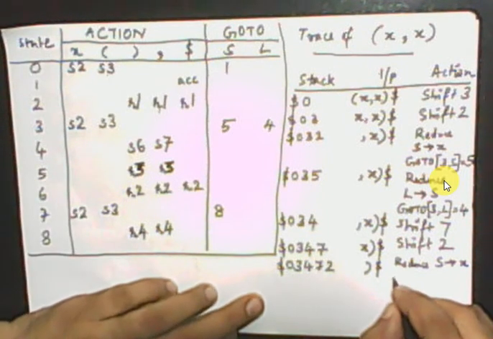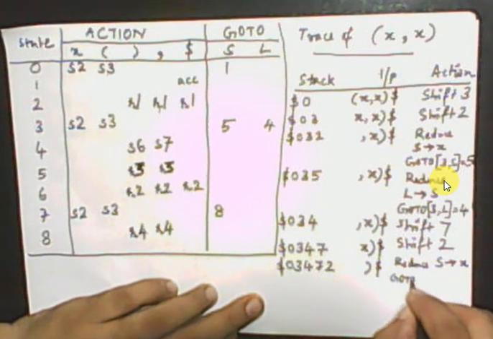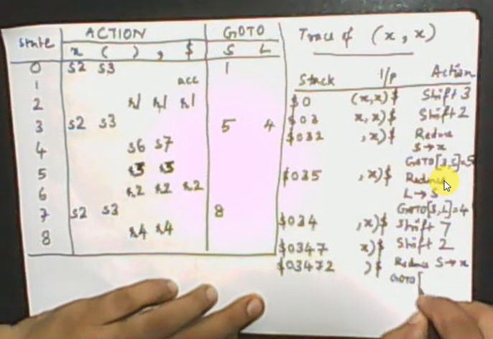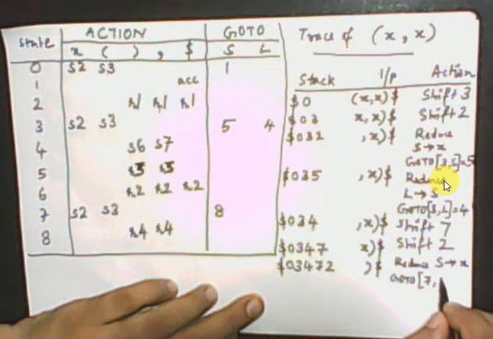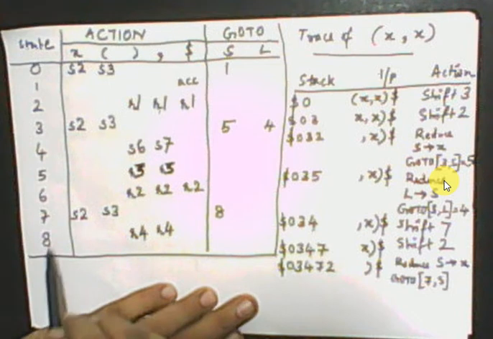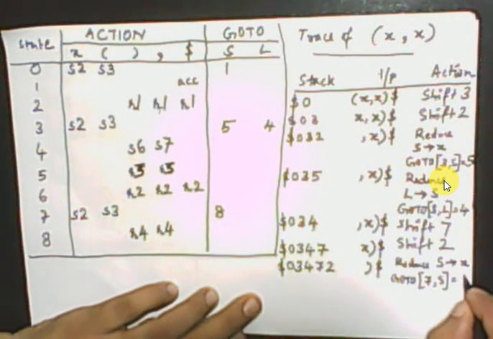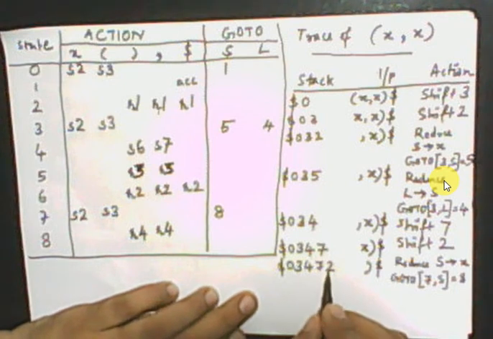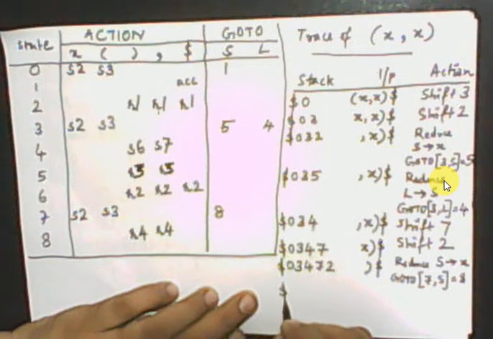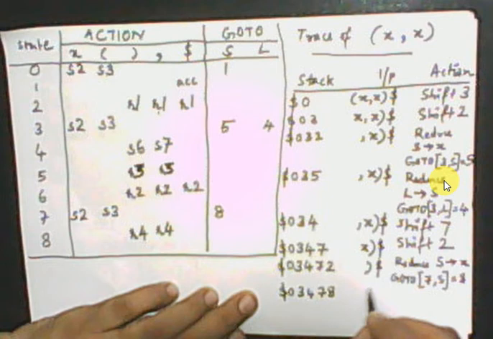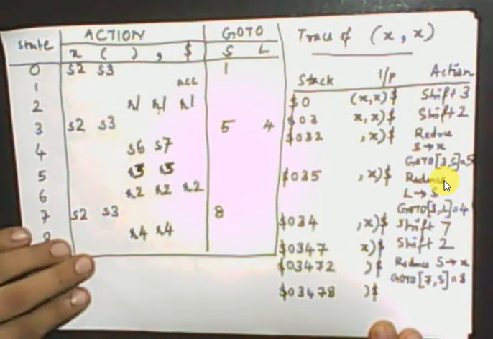So you have to see goto 7 comma S, S being the left hand side of this production. So 7 on S, you have 8, so that is 8 here. So 2 has to be popped and 8 has to be pushed, so that is $ 0 3 4 7 8, and here it is the same, right?